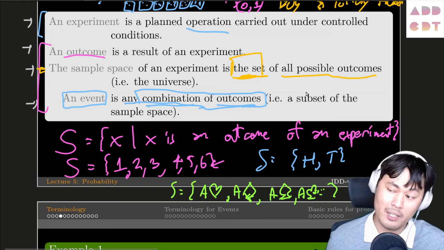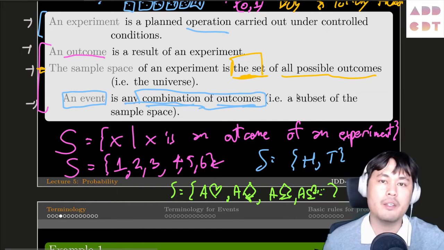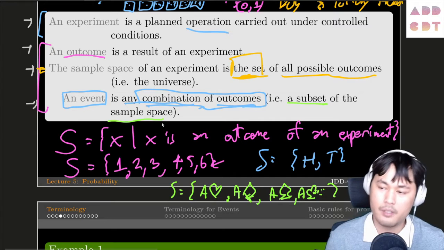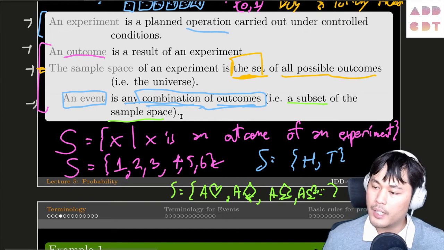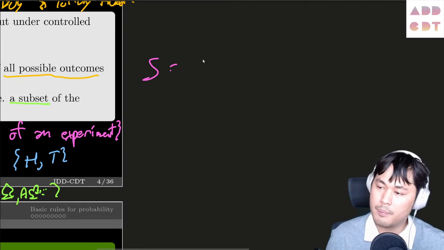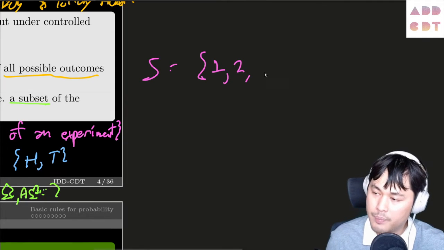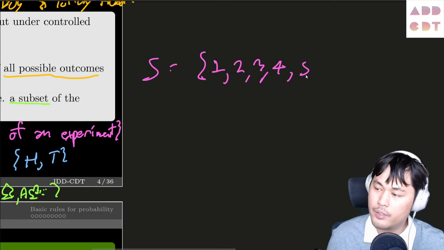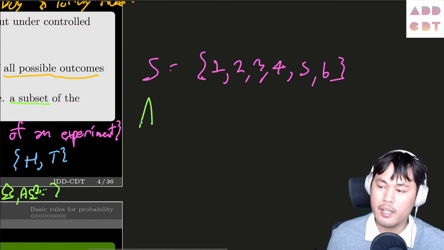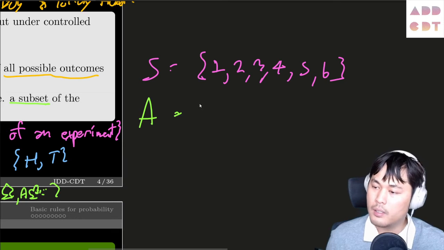Or better, it is better to describe it in terms of set notation, which is a subset of the sample space. For example, if you talk about the sample space of rolling a single die, an event, let's say A, is a subset.